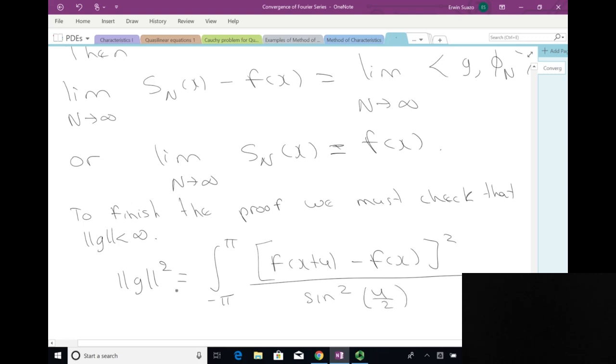Because this is the inner product of g with g, right? So you just put the integral of f of x plus u minus f of x over sine of u halves, times f of x plus u minus f of x over sine of u halves, du. You got this, right?